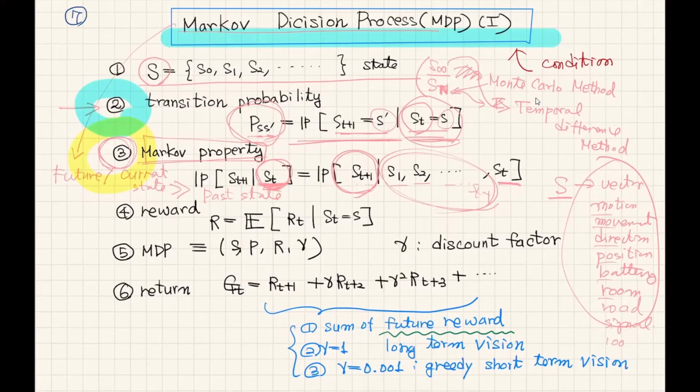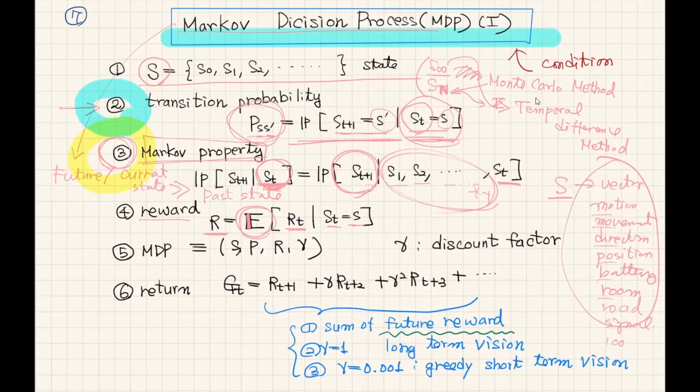And also in the Markov decision process, we have to define reward. Reward is the expected reward when state ST is S. Expected means that it has a certain probability; it is a stochastic process. Reinforcement learning in some cases is deterministic: at a certain state, you make a certain decision.